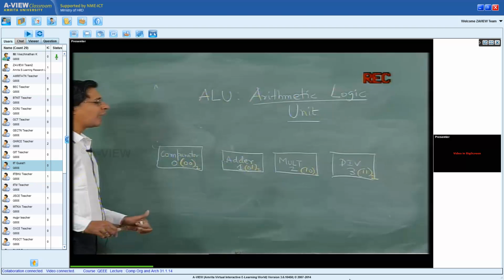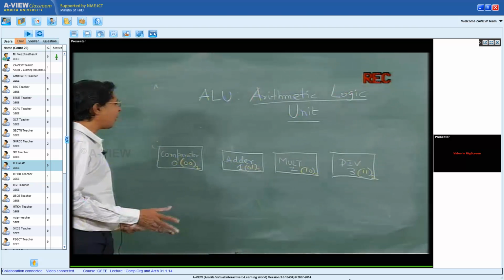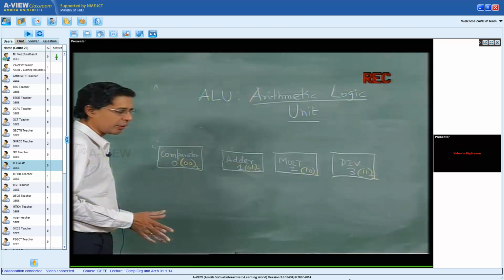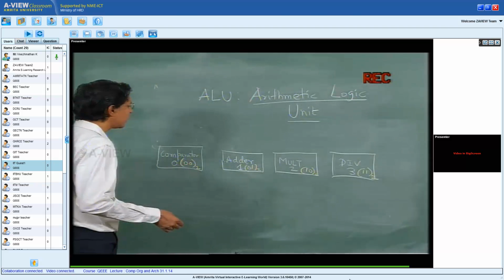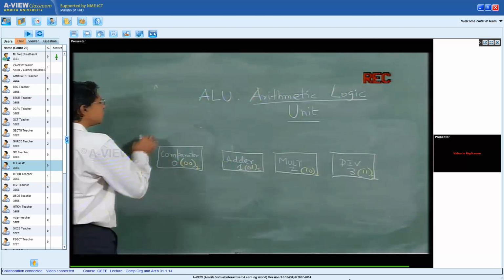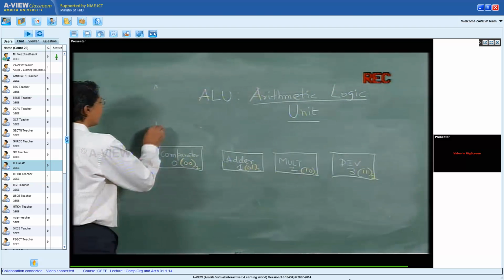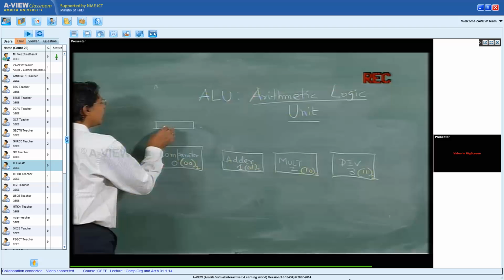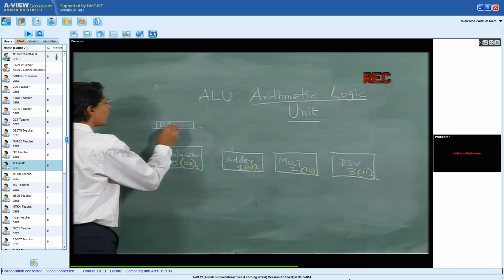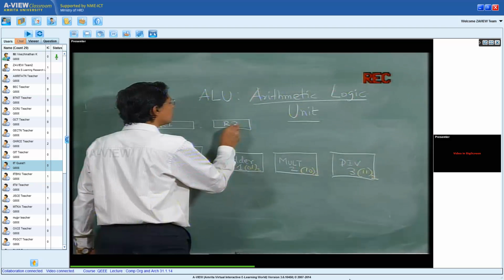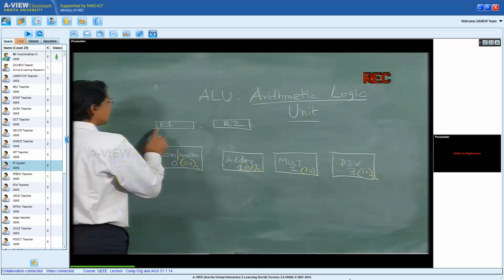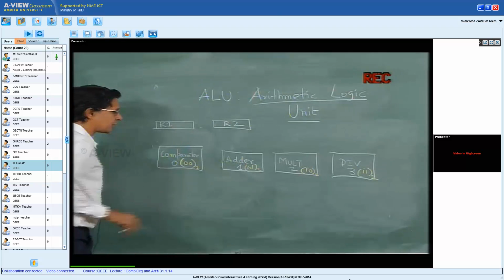Now I am adding or multiplying or comparing or dividing two numbers. I am performing one of these operations. So let me say those two numbers are stored in register 1 and register 2. They are ALU register 1 and register 2.